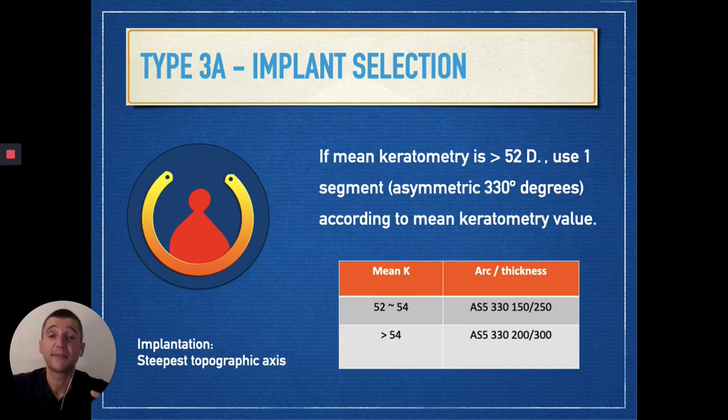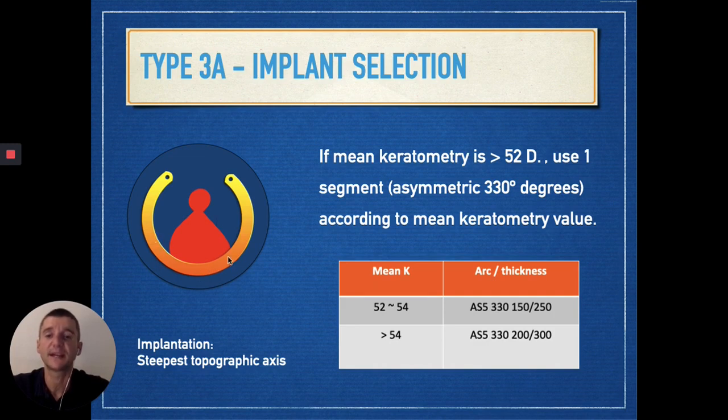But if we have the same kind of morphological classification, but the cornea is steeper and the mean keratometry is above 52 diopters, we're going to go with a long arc segment, a 330, but also an asymmetrical one.